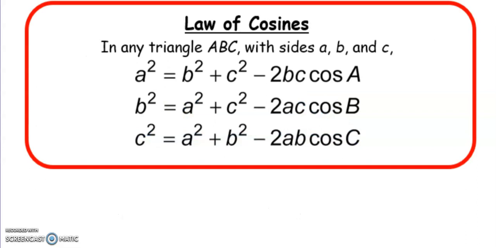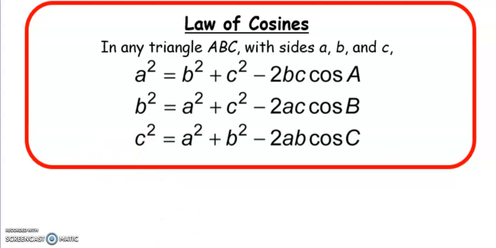Now let's talk about the law of cosines. Now this seems like it's 3 different laws, but it's not. It's one law expressed with all the sides and angles of a triangle. So when we're looking at this one, you can see that it says a squared equals b squared plus c squared minus 2 times b times c, all times the cosine of A. So what I'm saying is some unknown side equals known side squared plus known side squared minus 2 times the first known side times the second known side times the cosine of the angle opposite of the unknown side.